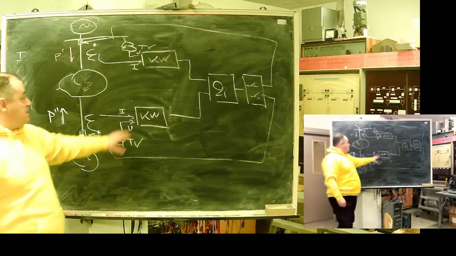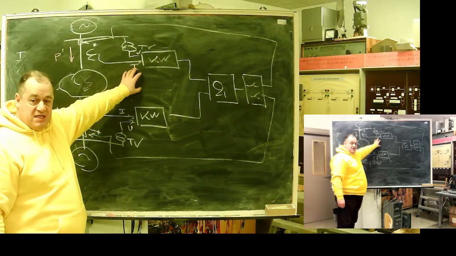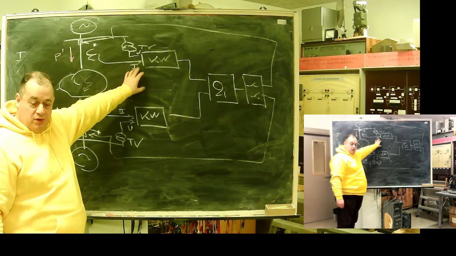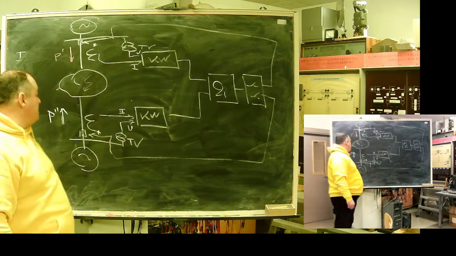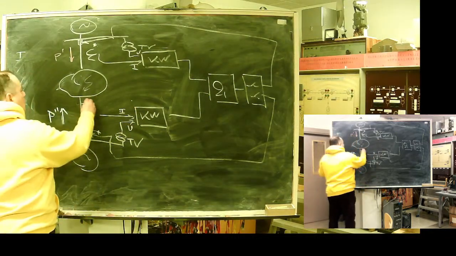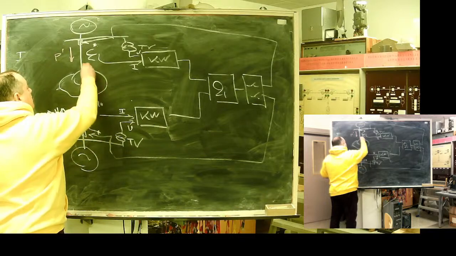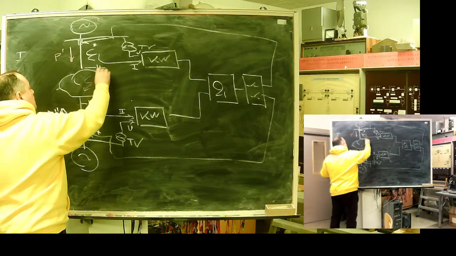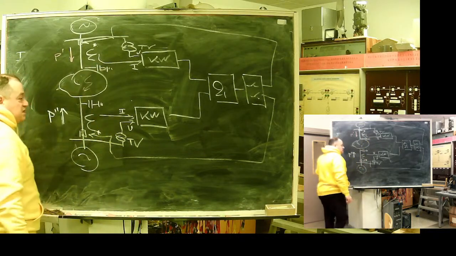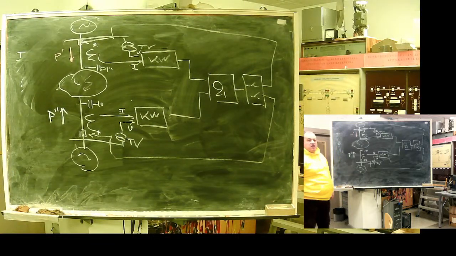If I try to implement something like this in reality, all these elements do have internal capacitance. In the no-load regime, there will be flow towards these capacitances, and protection will operate falsely.